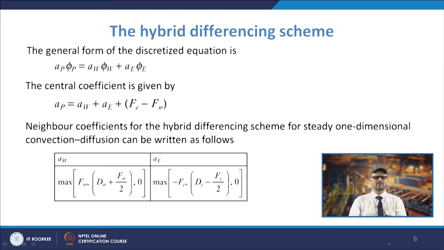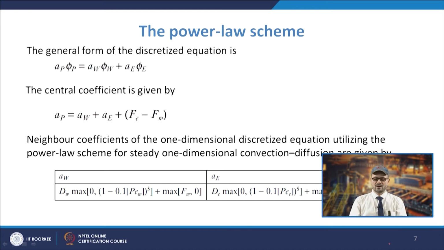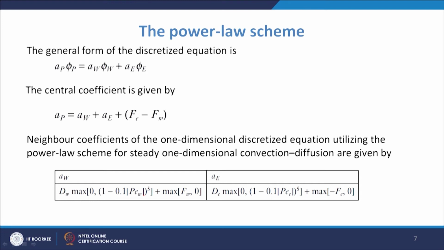The other kind of differentiation scheme which is used is the power law scheme. So, this power law scheme will be using a certain power depending upon the Peclet number. In this case you see the Peclet number raised to the power 5.